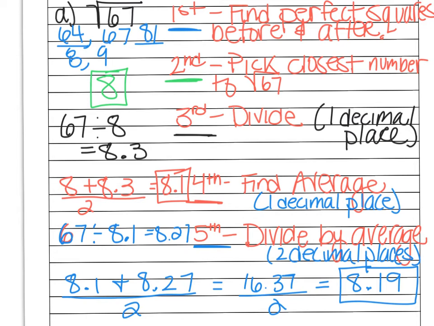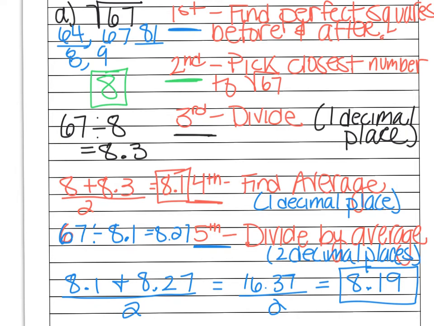You're going to take 67 and divide it by 8, and I got 8.31. You're going to find the average, so you take 8 plus 8.3, dividing it by 2, and you get 8.1.